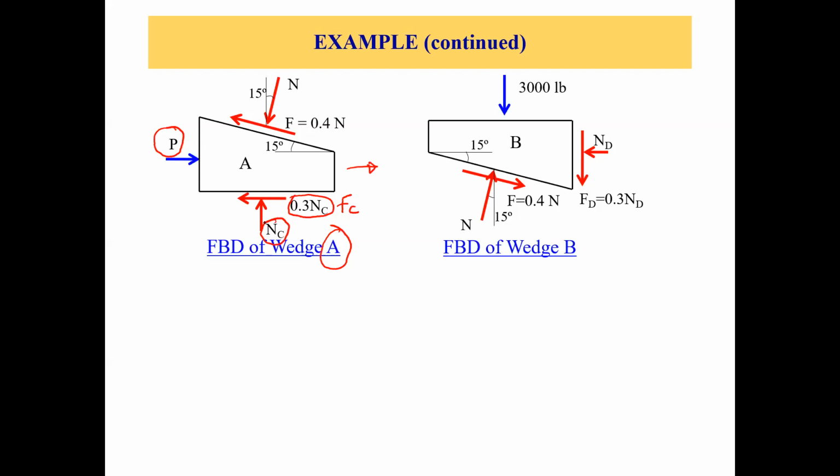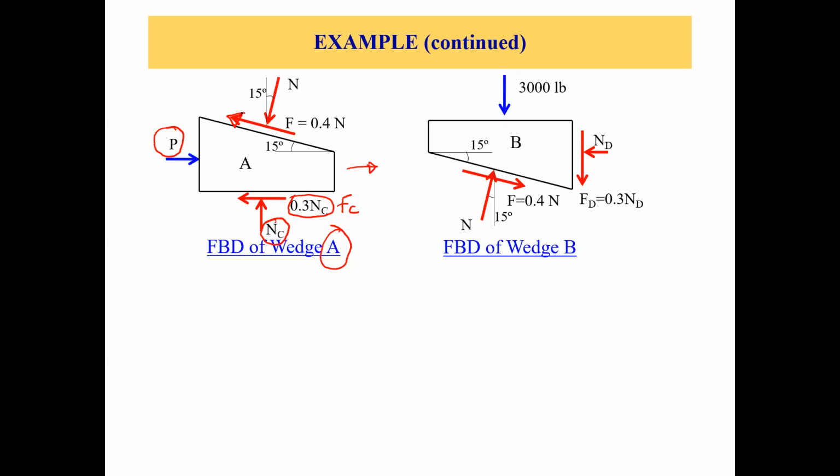Now, if you look at the top of wedge A, we have two forces, normal force and friction force. Again, the wedge A is moving to the right, so the friction force will be in the left direction, but it will be parallel to the contact surface between wedge A and wedge B, right?